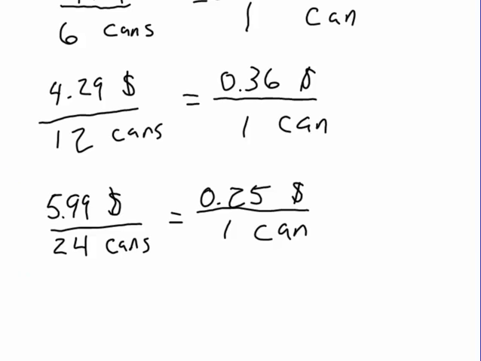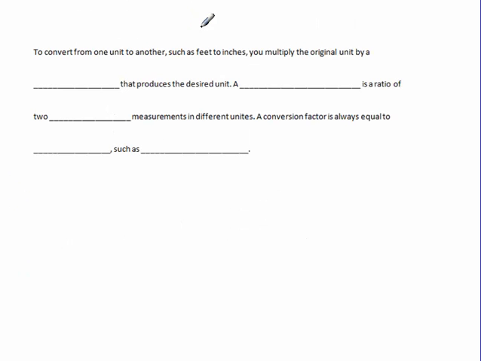Hey, not bad. To convert from one unit to another, such as feet to inches, you multiply the original unit by a conversion factor that produces the desired unit. A conversion factor is a ratio of two equivalent measurements in different units.